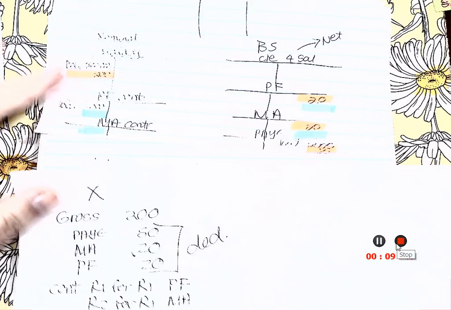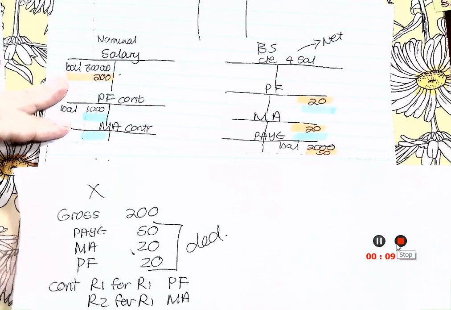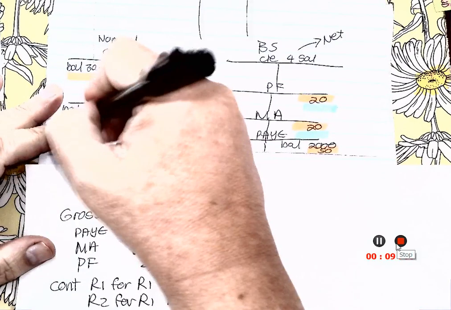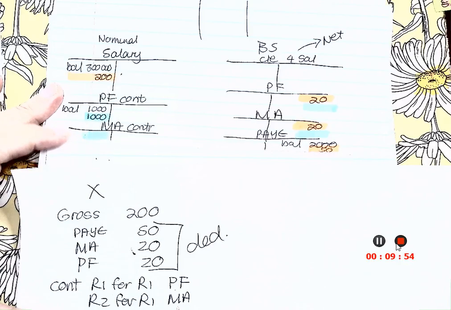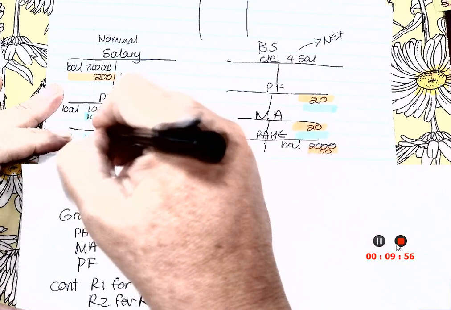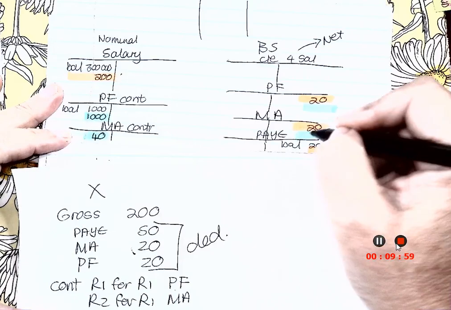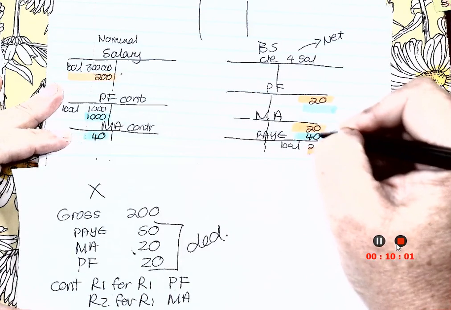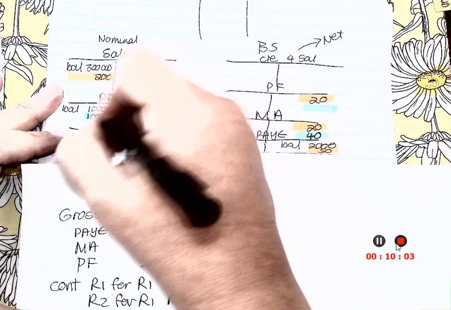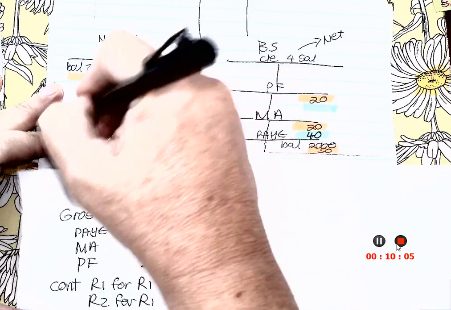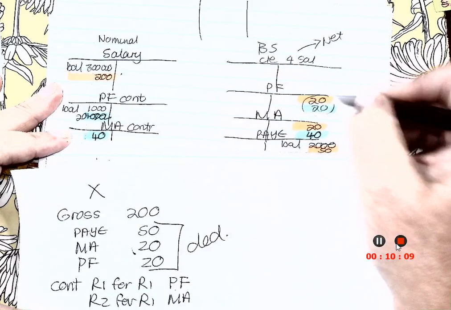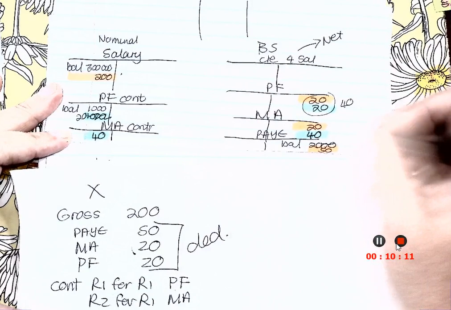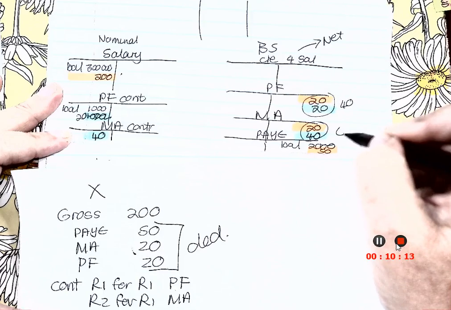So the contribution, Rand for Rand pension, 2 for 1 medical aid, ne? So I'm going to put it there. Oh, sorry. Her Rand for Rand is 20. So now I owe the pension fund 40. I owe the medical aid 60.